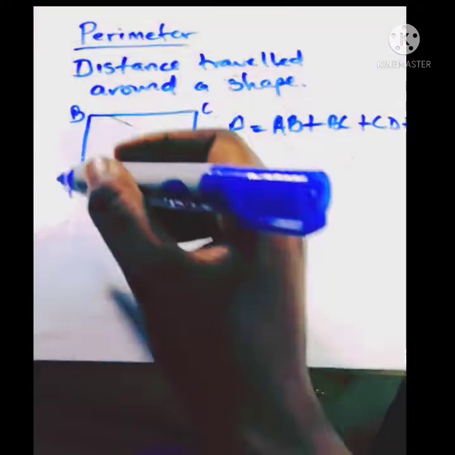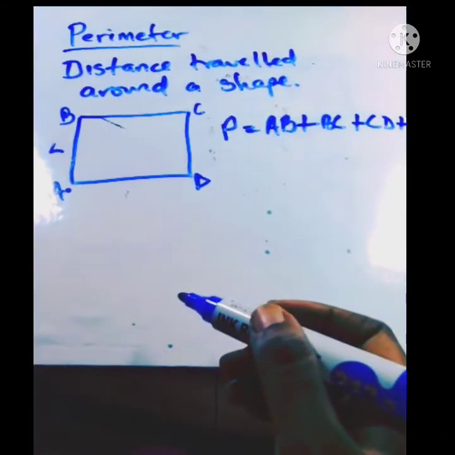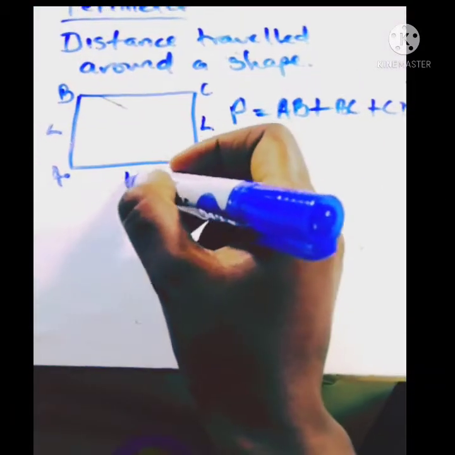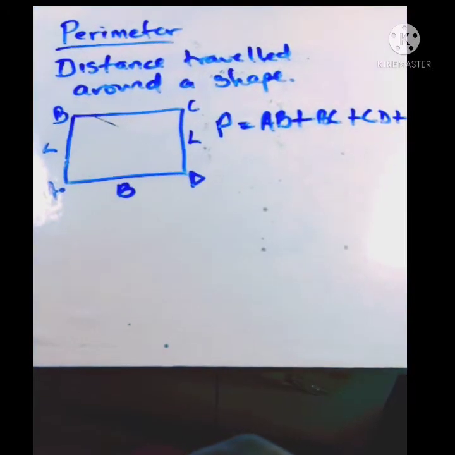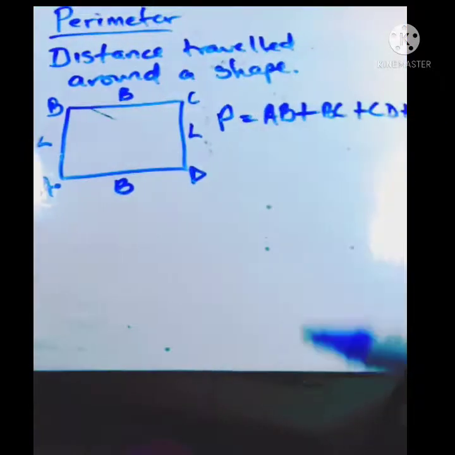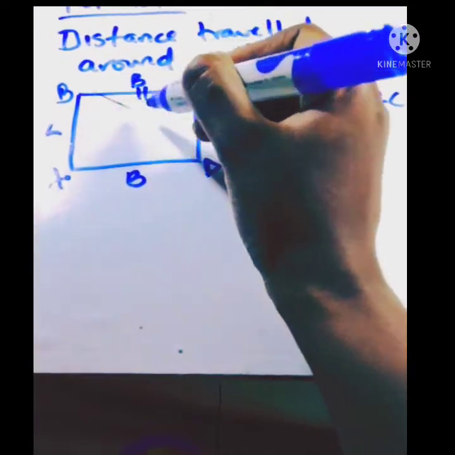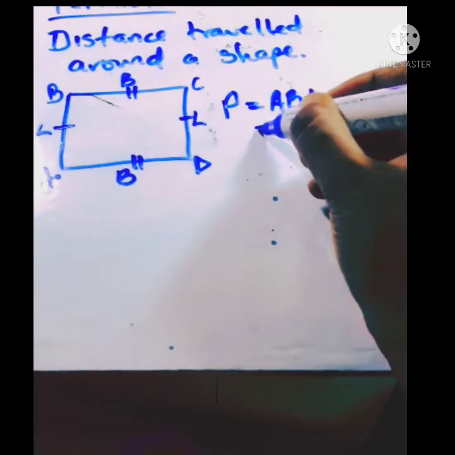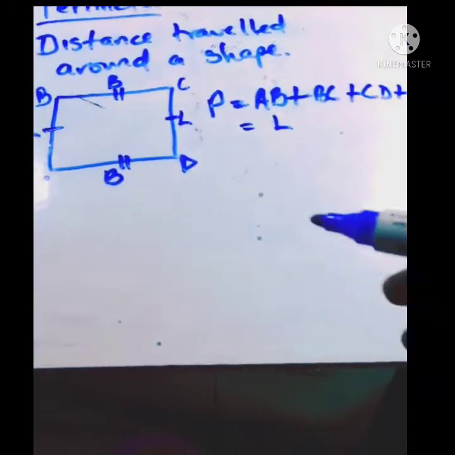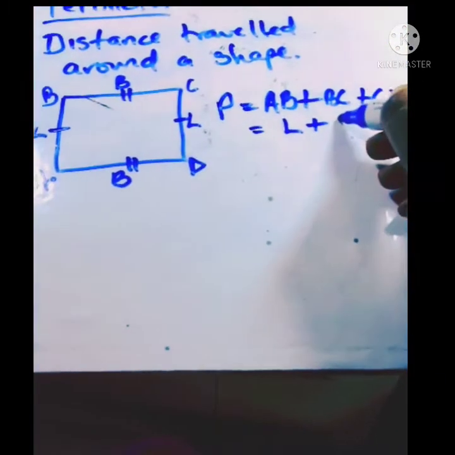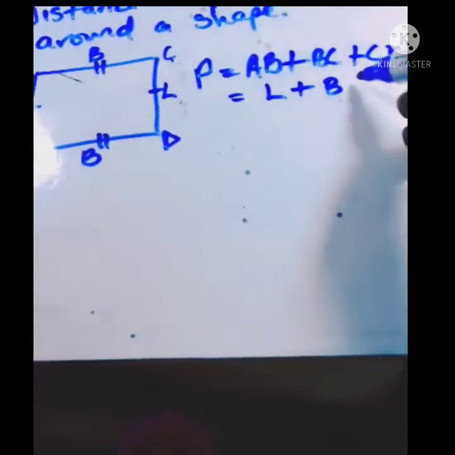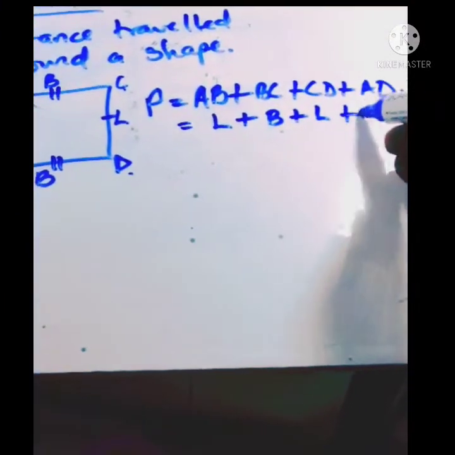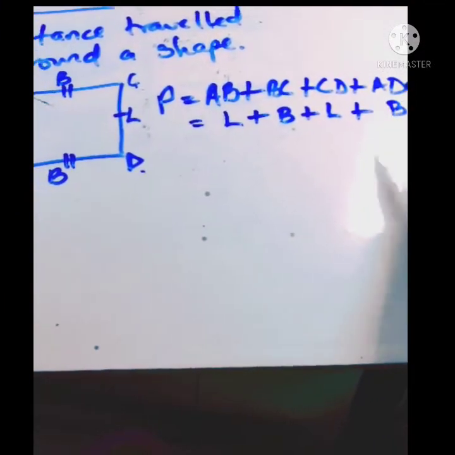So remember that this is the length of this rectangle or square, and the opposite side is also the length. And this is the breadth of the rectangle or square, and this is also the breadth of the other side. They are equal. So AB is one length, BC is the breadth, CD is another length, AD is another breadth.